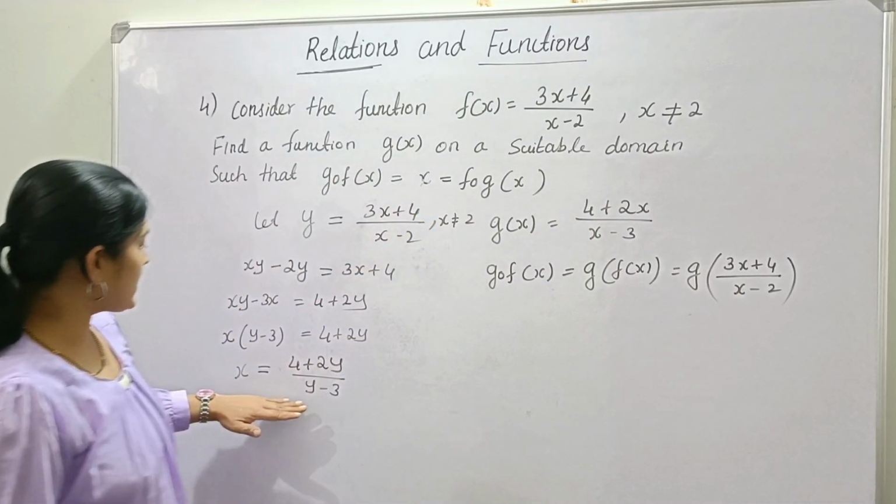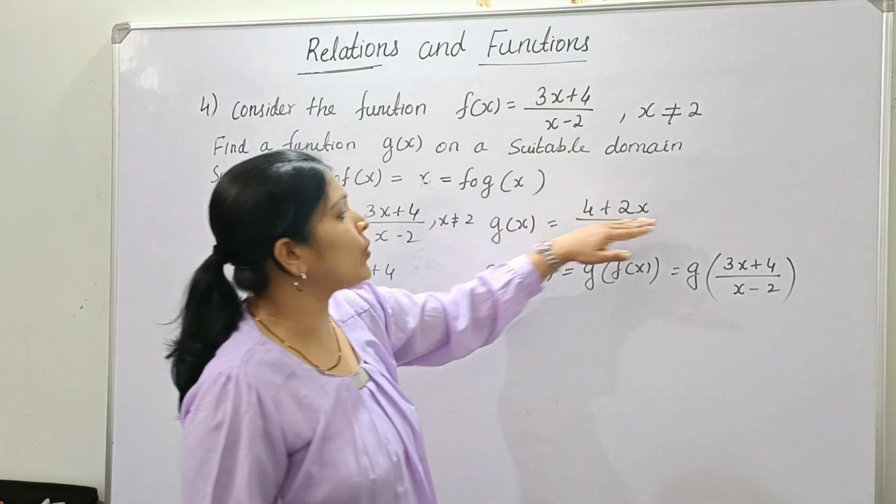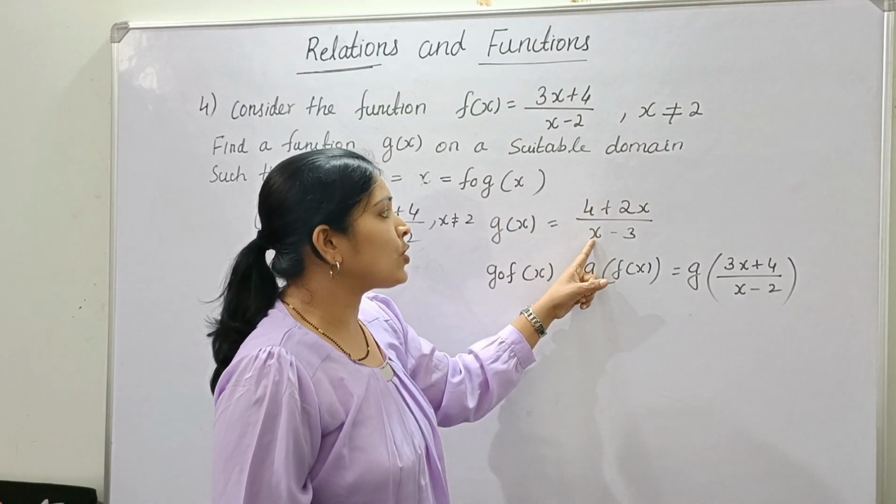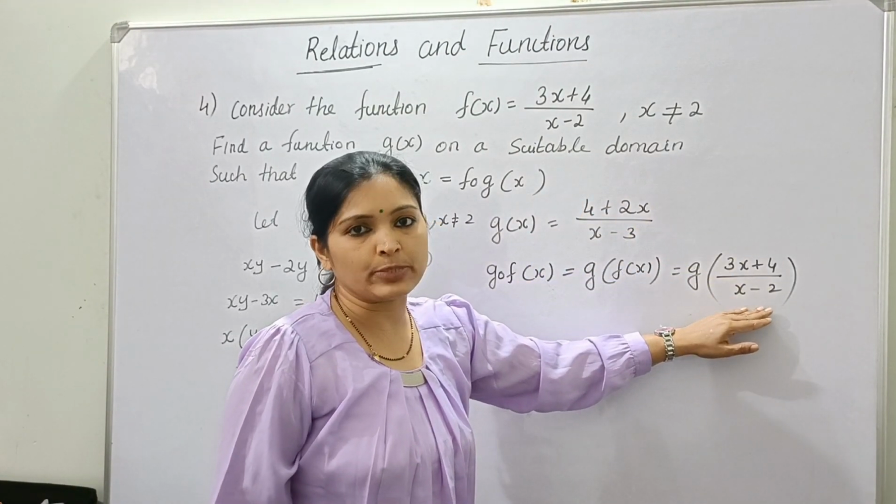See, our g of x is 4 plus 2x divided by x minus 3. So in place of x, we have to substitute this expression.